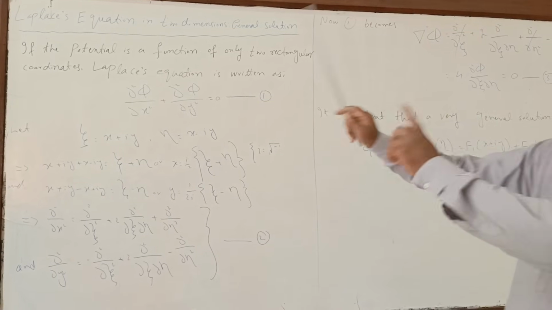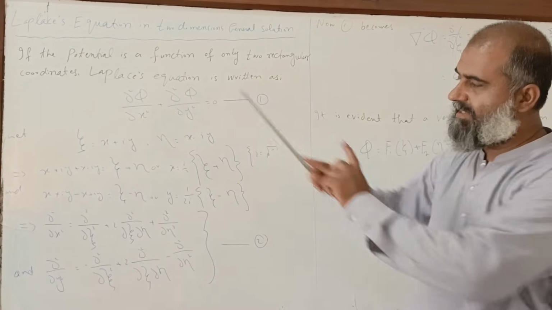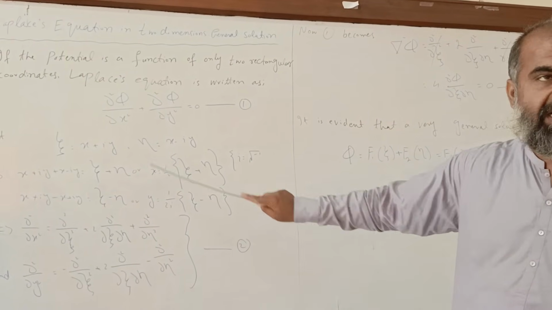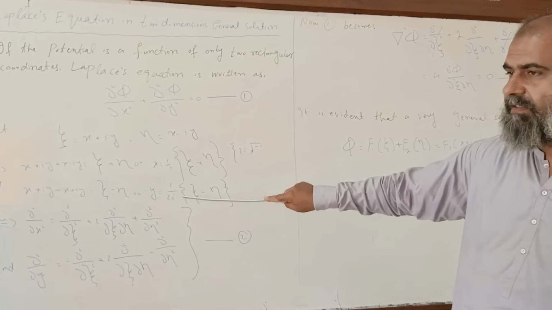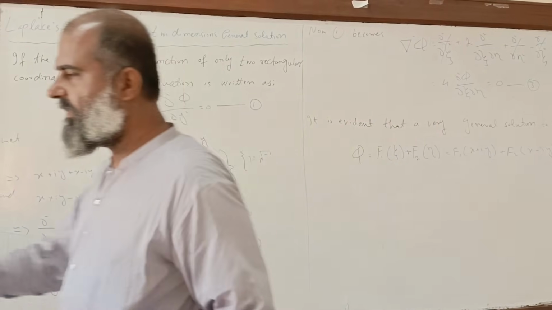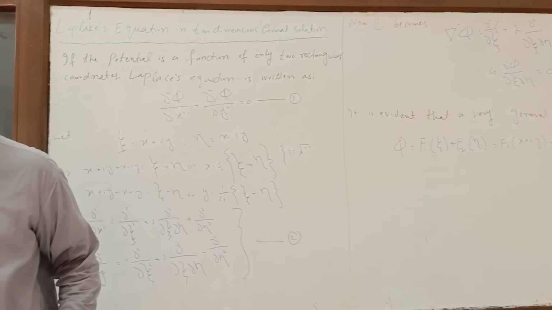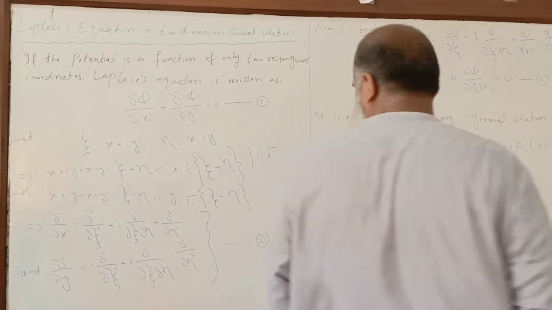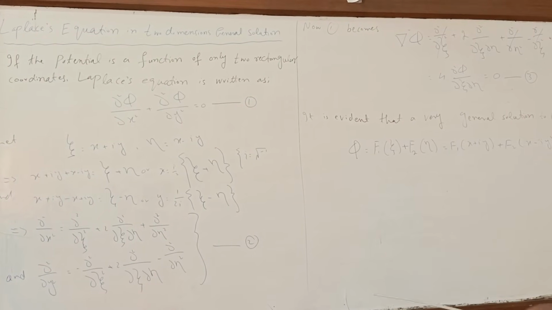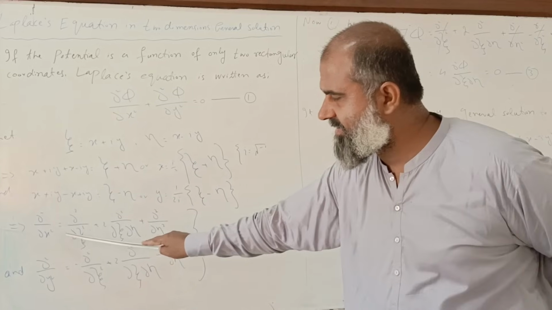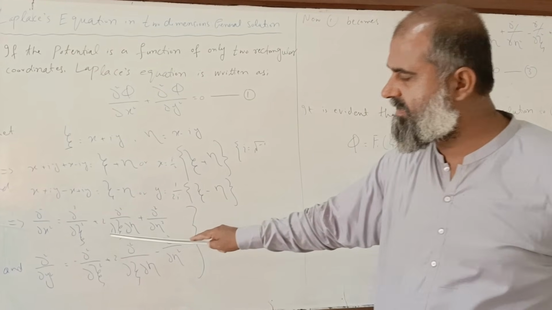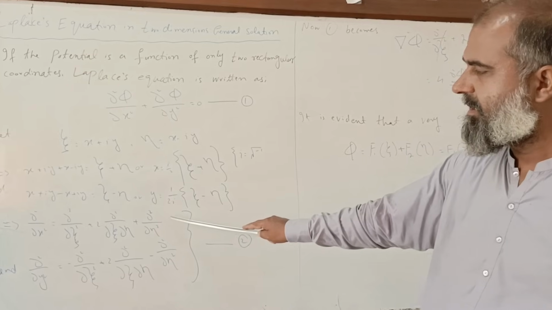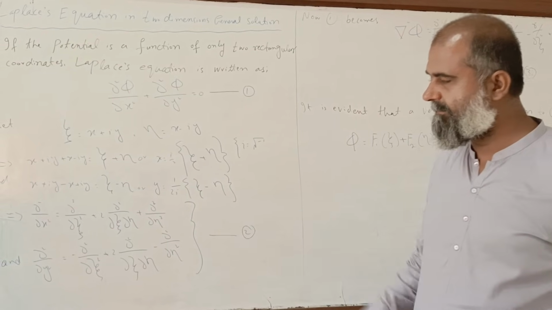Now we have partial square over partial x square. We take the partial derivative of the x component, then the double partial derivative of the y component. We will have the term partial square by partial x square is equal to partial square over partial zeta square plus 2 into partial square by partial zeta partial eta plus partial square by partial eta square.